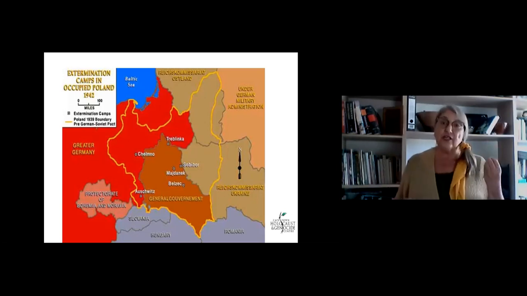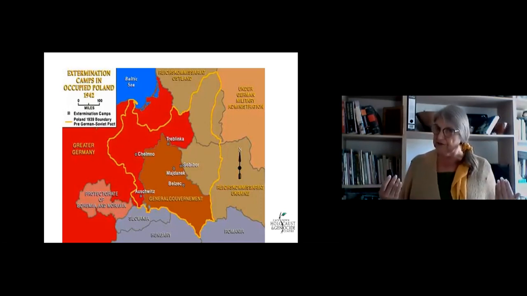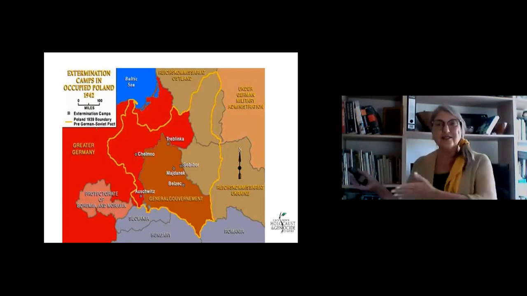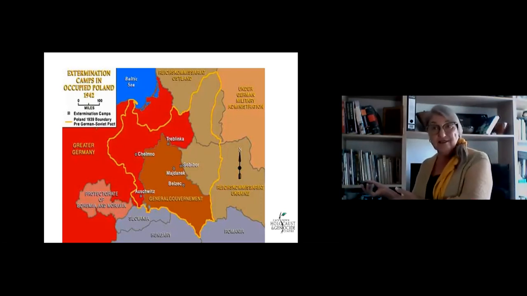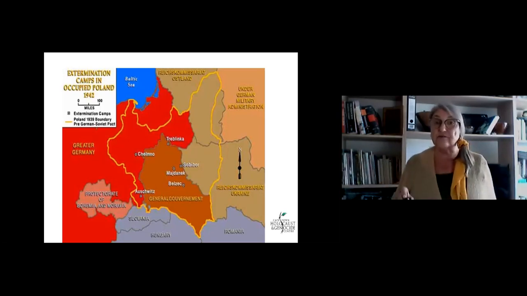And it was a term the Nazis used to further dehumanize their victims. So there were 6 killing centers, all of which were in Poland. And you've got to ask yourself, and it's a question I want you to think about, why didn't the Nazis build them in Germany? Why did they put them in Poland away from most of the Germans?